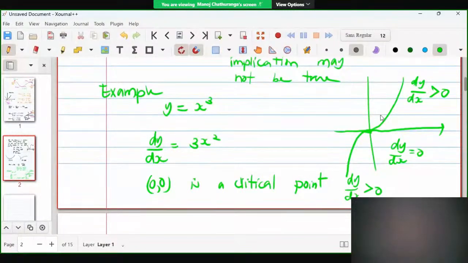So this is a point where you have a horizontal tangent line, but at the same time, it is not a maximum nor a minimum. These are called inflection points. Critical point, but not maximum or minimum points. These are kind of rare, but they do exist.